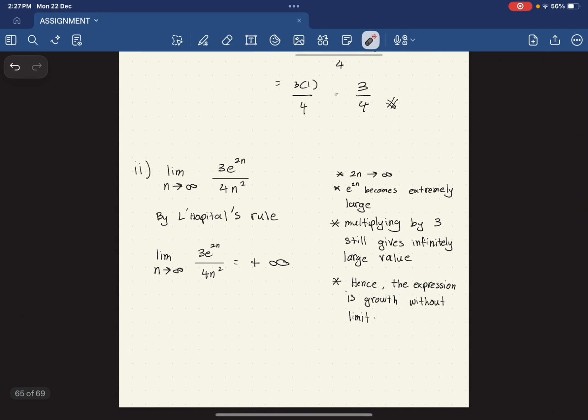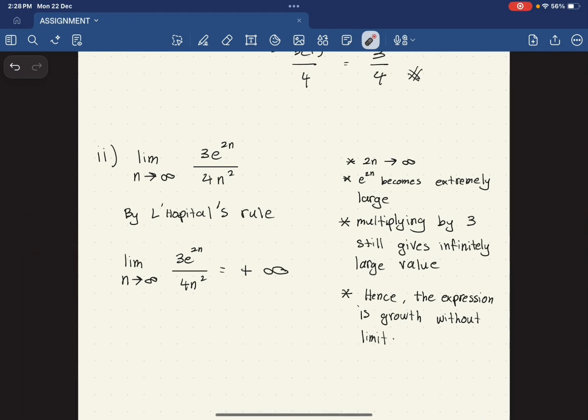Now we move to 4.2, which is the limit as n approaches infinity of 3 e to the power of 2n over 4n squared, which by using L'Hopital's rule, will give a positive infinity answer. This is because as n approaches infinity, the exponential e to the power of 2n becomes extremely large.